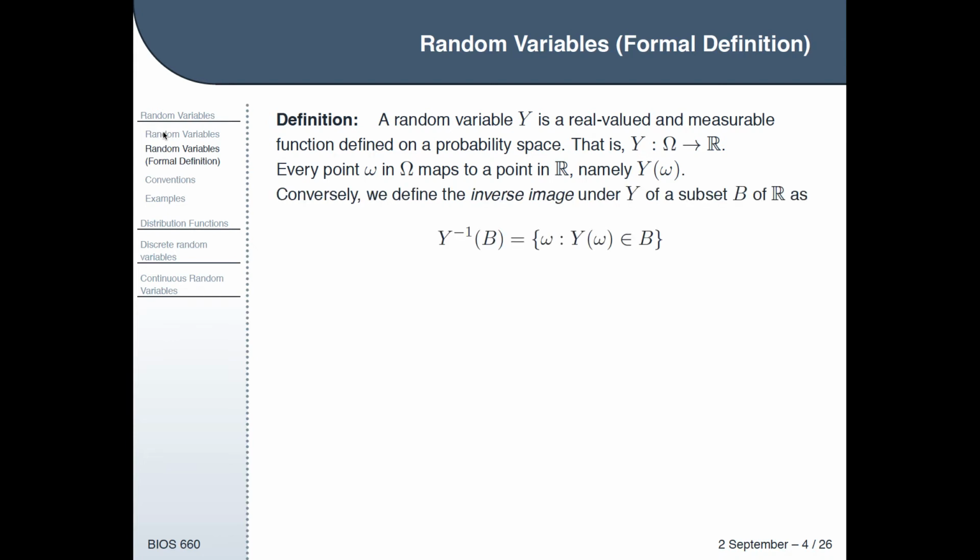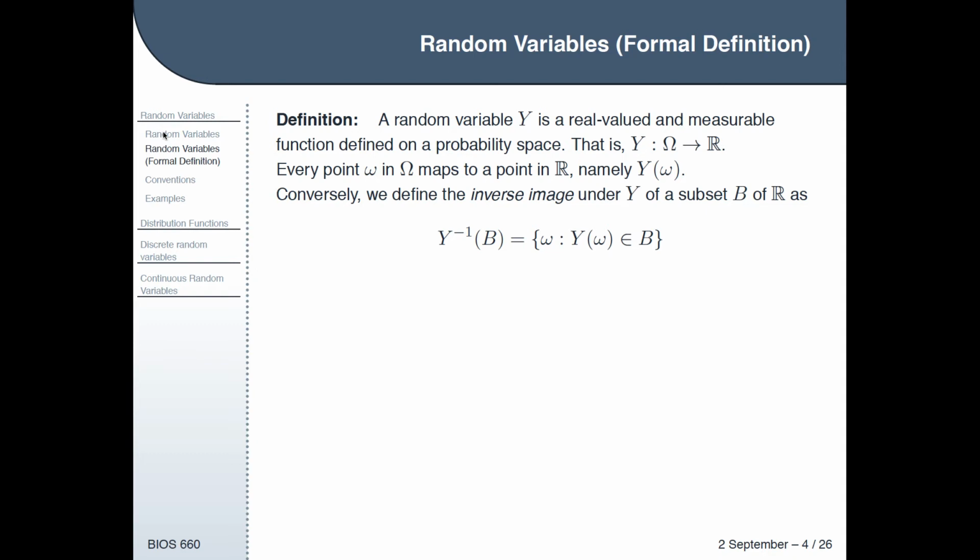And you can also define an inverse image under Y of a given subset B of real numbers to be the set of omegas such that Y of omega is an element of whatever that subset is.